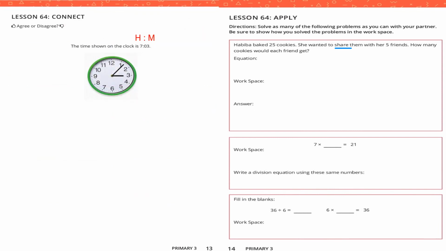Lesson 64, the connect part. Here he is asking me, is it correct? Do you agree that the time shown is 7:03? Sure, no. We said in the clock we have a short hand and a long hand. The short hand tells me the hours, and these hours must be written on the left side. So here, instead of 7, I should write 3.